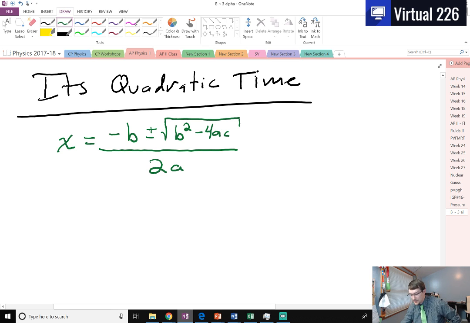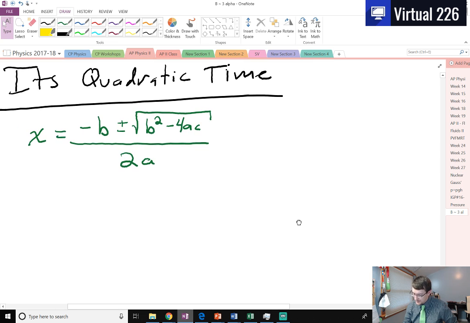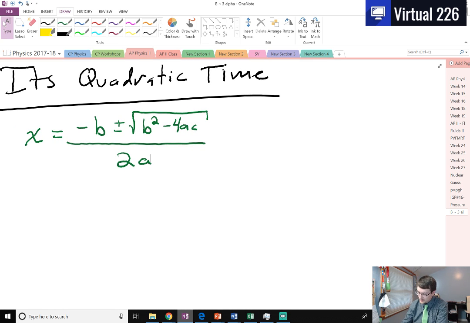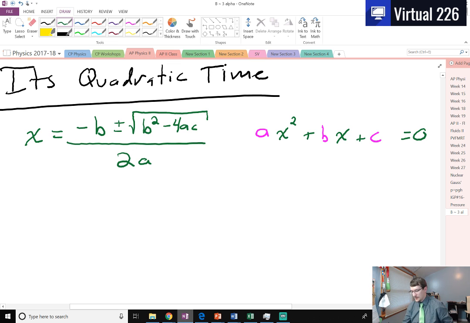And these a, b's, and c's we have here are all coefficients. That means the number in front of some second order polynomial. So this will be like ax squared plus bx plus c equals 0. Okay, and this is what we call standard form here.